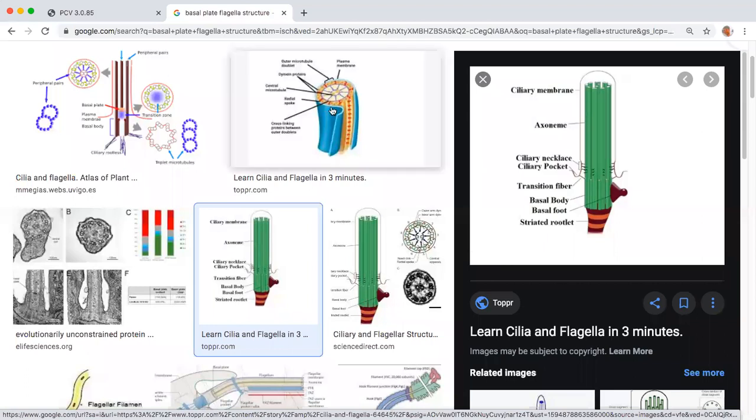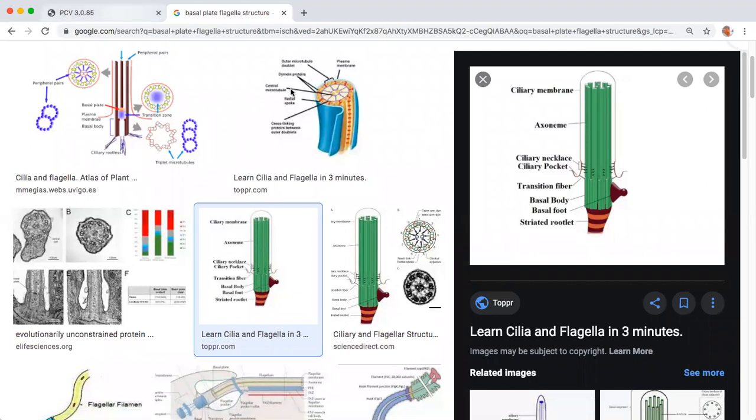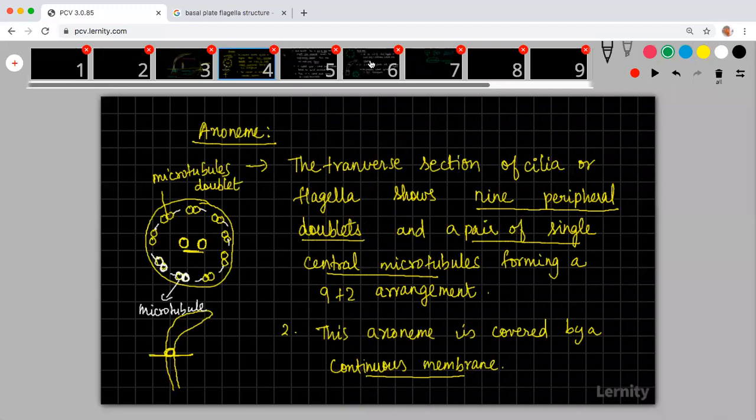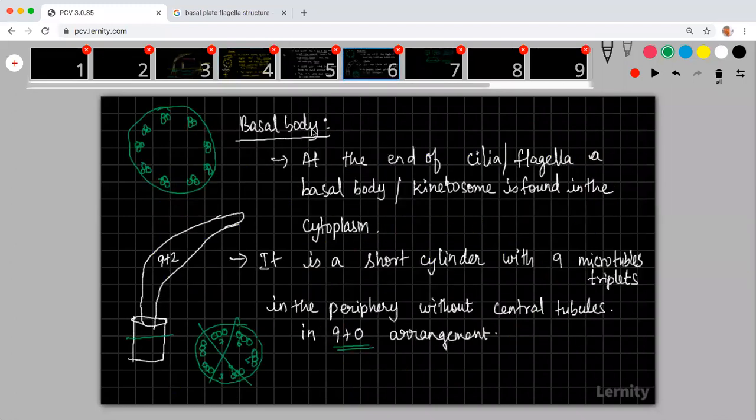We have studied two structures. What are the two structures that we have studied? We have studied axoneme, and the second part, which is the basal body. Then you have something called a basal plate. That is the third structure.